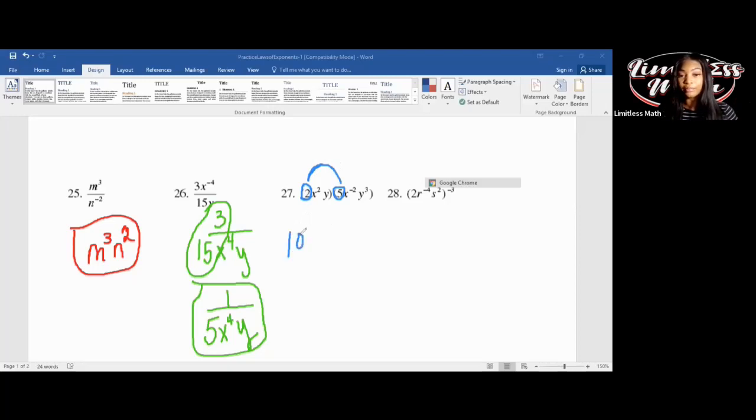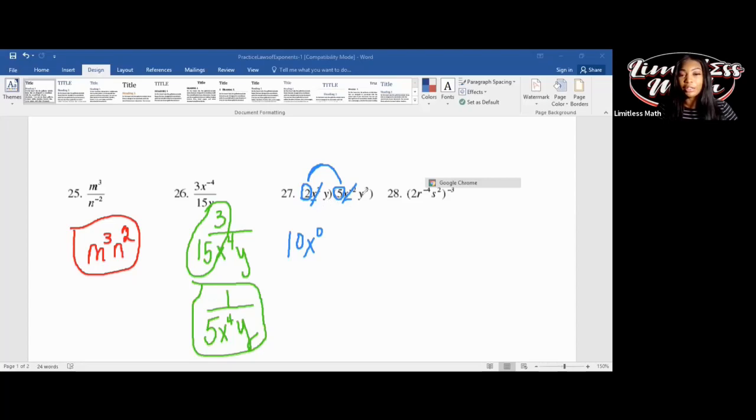So we have 10. 2 times 5 is 10. It's just numbers that were out in front. We can do that. Now the x's, look here, we have x, x, same base, being multiplied, so we add the exponents. 2 plus negative 2 gives me a 0. So let's write that down for now. I know we can fix it later, but 10x to the 0. And I'm going to scratch that out just so I know I've already taken care of it.